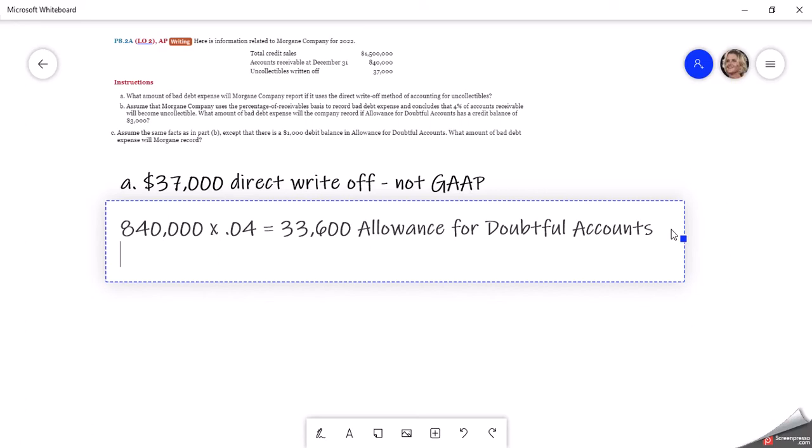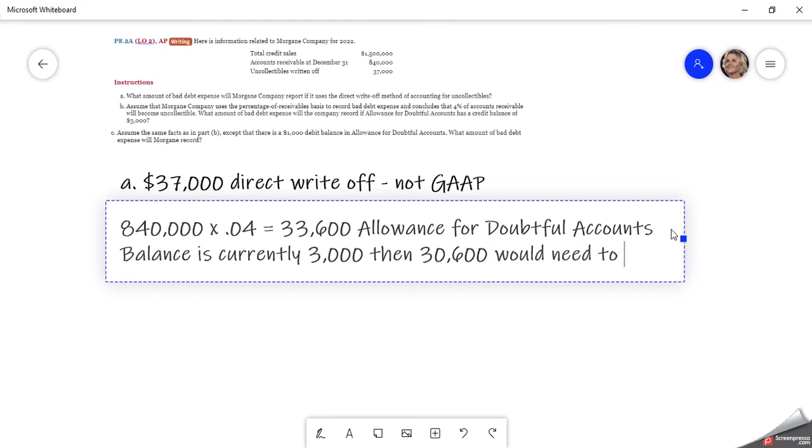If the balance now is $3,000, then $30,600 would need to be recorded.